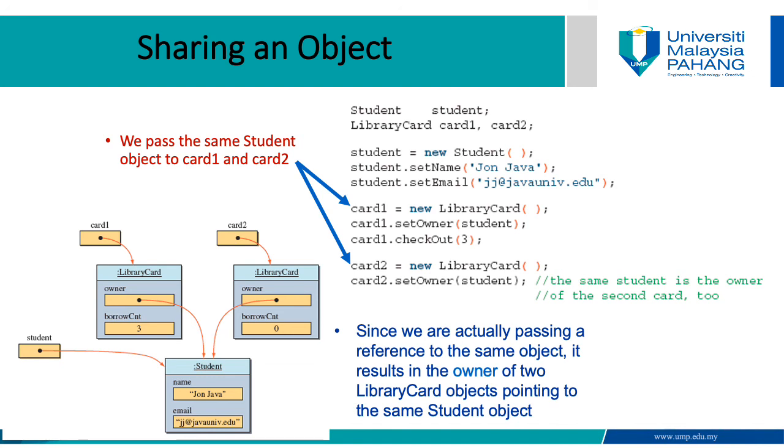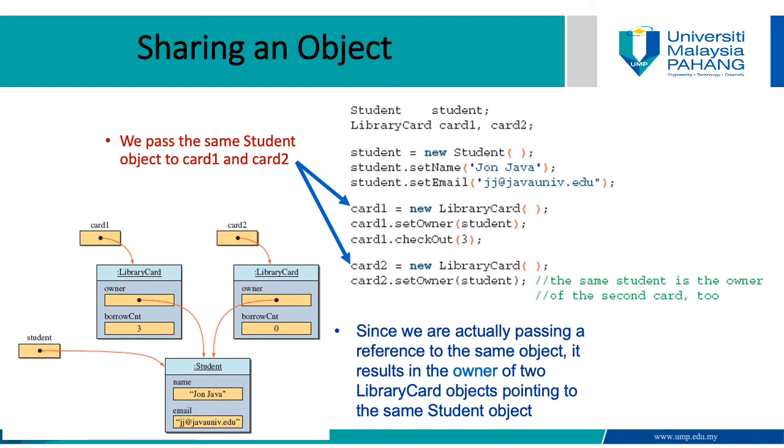So now card1 will create a new library card for this specific student, and card2 also will create another new card.